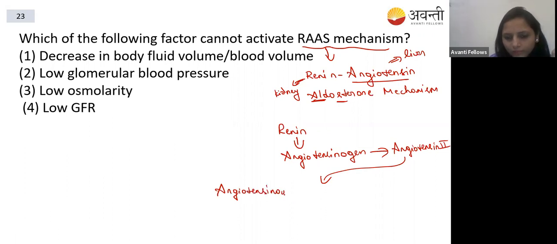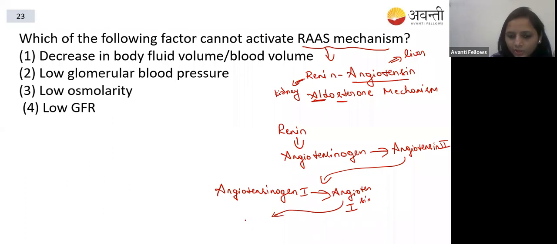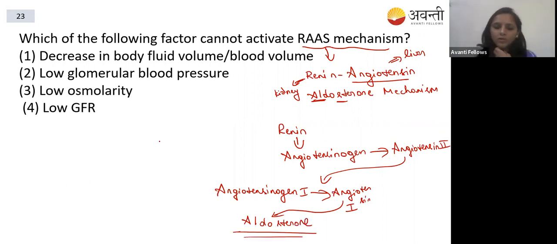Angiotensinogen 1 is going to be activated into angiotensin 1. Okay. So when this angiotensin was activated, it will activate the aldosterone. Okay. So when the aldosterone is secreted, it helps in increasing the blood pressure.